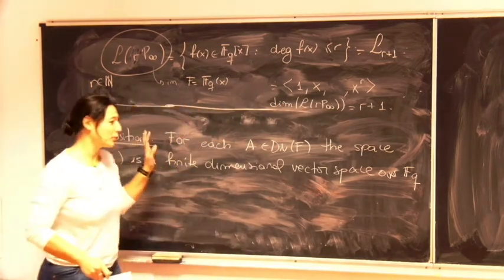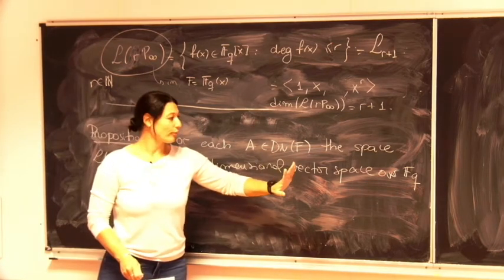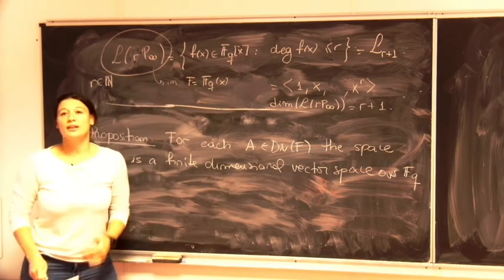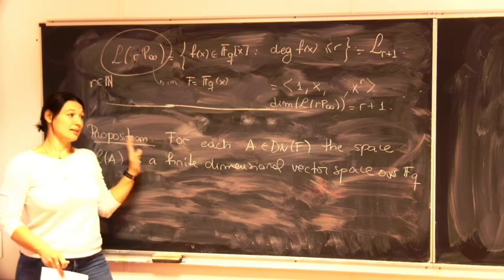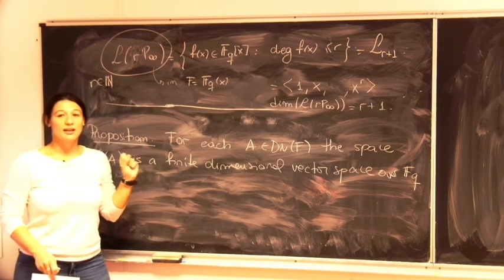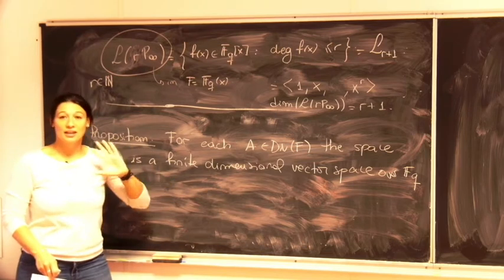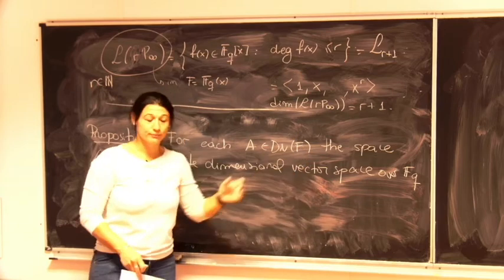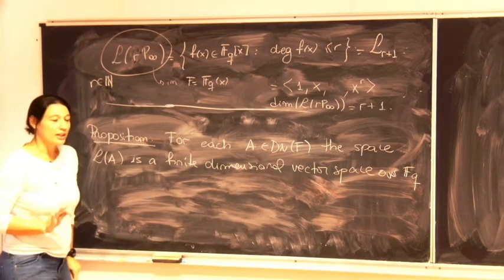And again, I'm working over Fq because I want to work with codes, but all of this theory can be done over a perfect field K, with the extra hypothesis that K is the full field of constants, so K is algebraically closed in F. But for us, Fq is going to be more than enough.